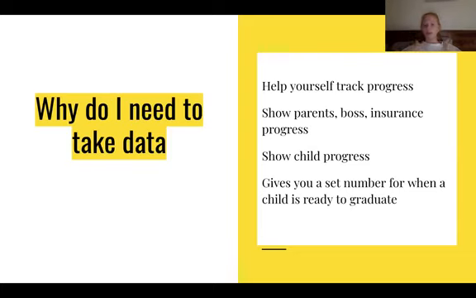And if you have that goal set, it can help you give yourself the confidence of, okay, now that this child is doing this and this and this, that's what they need to do to graduate. And you can kind of work towards that overall goal and set smaller goals in order to get there. And then once they reach that top goal, then you can say, okay, they've now caught up, they're all good, they're ready to go.